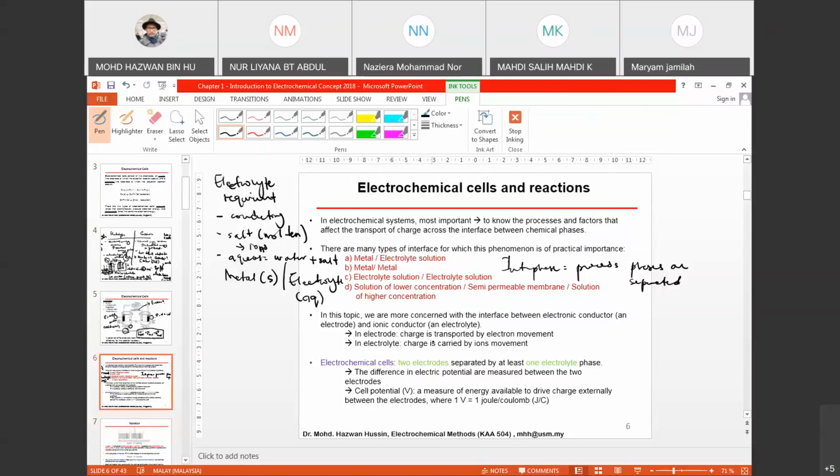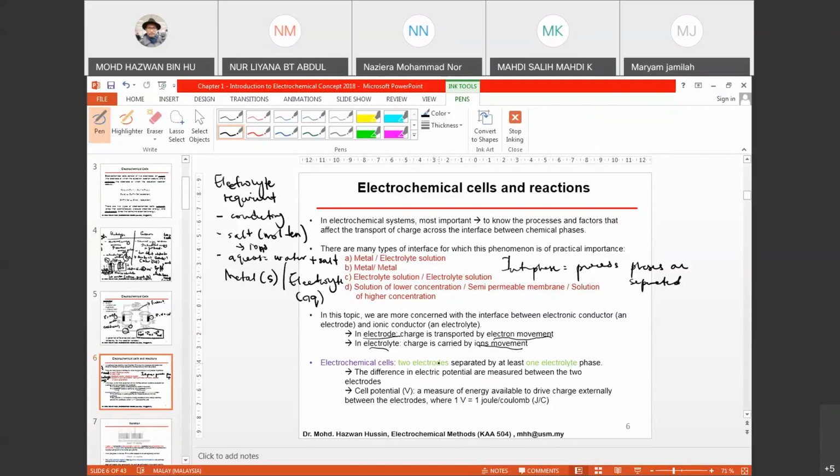So in electrode, charge is transported by electron movement, and in electrolyte, charge is carried by ion movement. This you need to understand. In electrode, the charge is carried by electron movement.